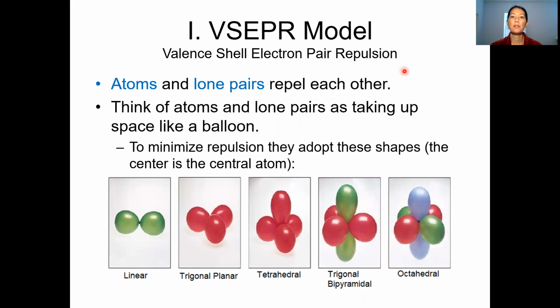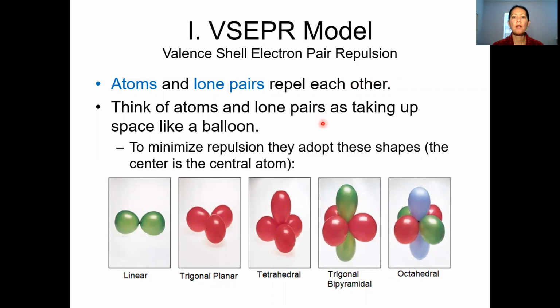The whole basis for molecules having the shape that they do has to do with the fact that atoms and lone pairs are made up of electrons, and there is repulsion if they get too close to each other. So the orientation in space, the 3D shape, is to minimize this repulsion.